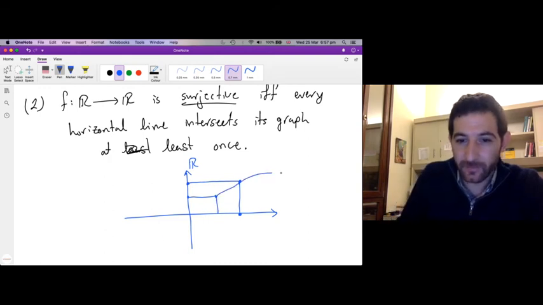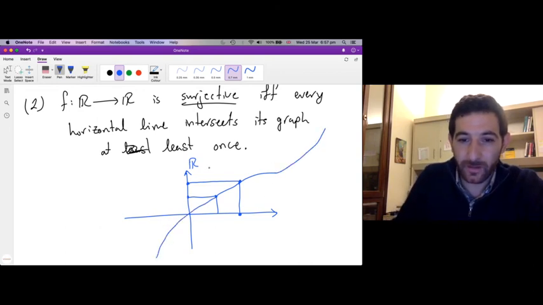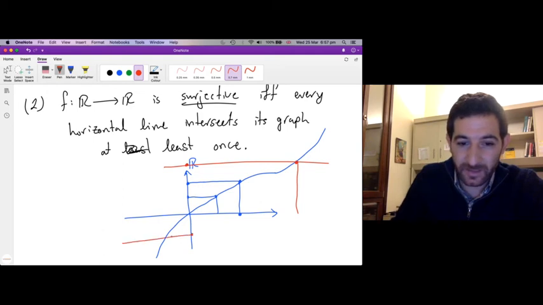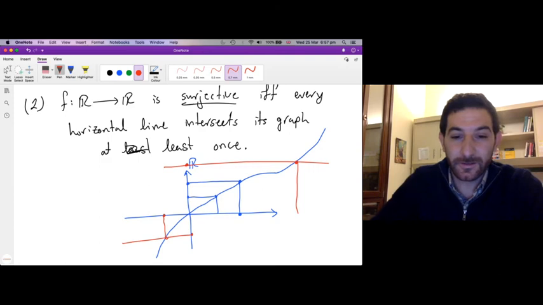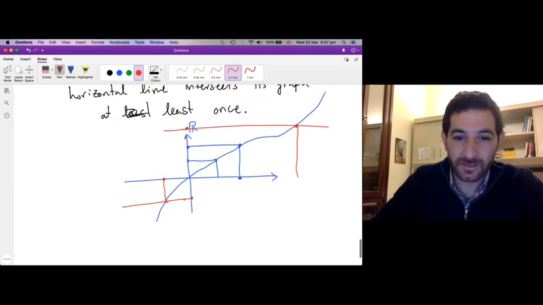So the curve of the function must look like this, for example. Whenever you have a horizontal line, it must hit the curve, right? Because whenever we choose a point in the codomain, we must have a pre-image for it. This means that the function is surjective.